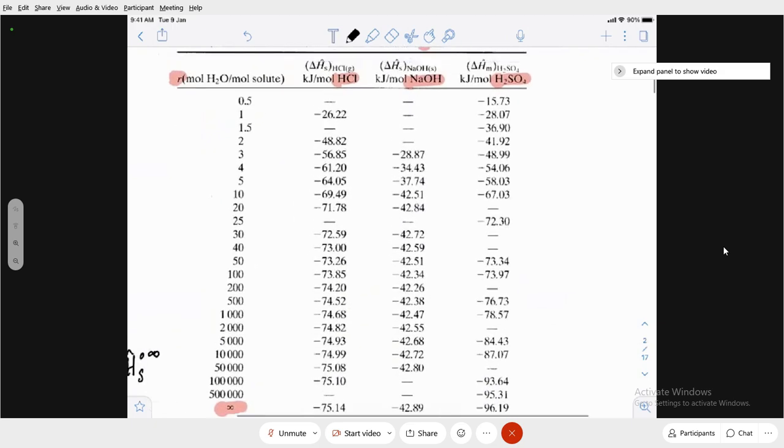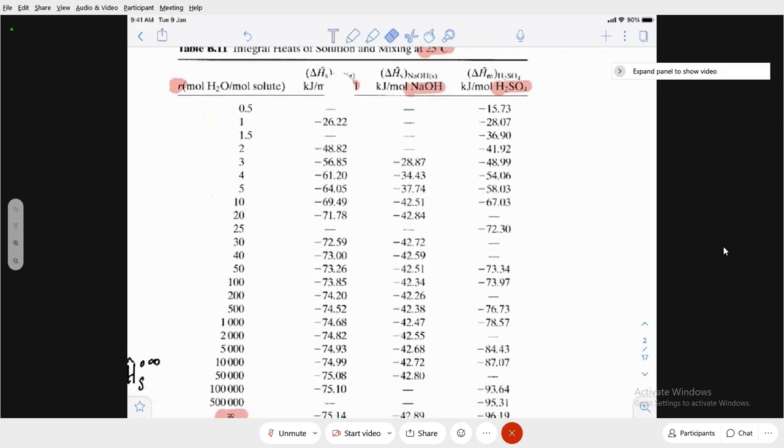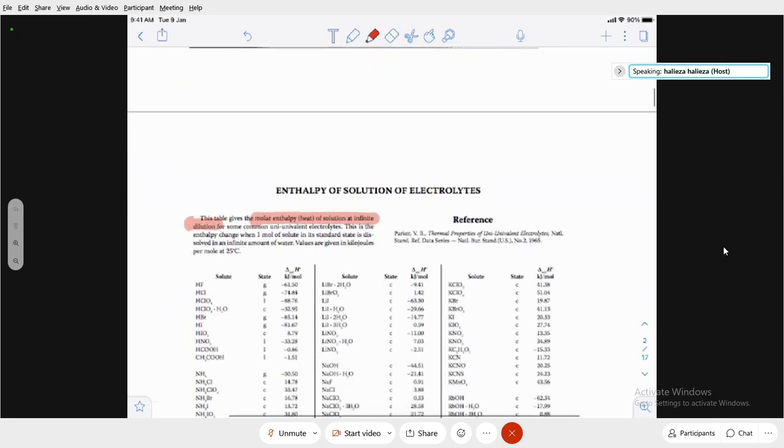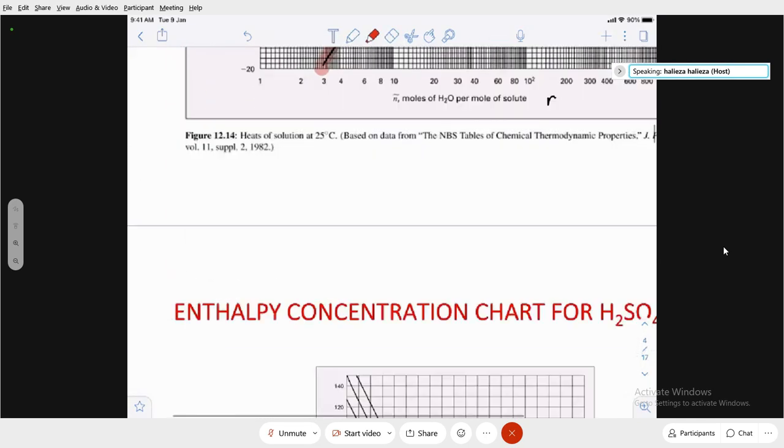Hydrogen chloride, R equals 5. That's the value that we want: negative 64.05. That is the heat of mixing for our hydrogen chloride when R equals 5. So that's the value I will substitute inside the equation.